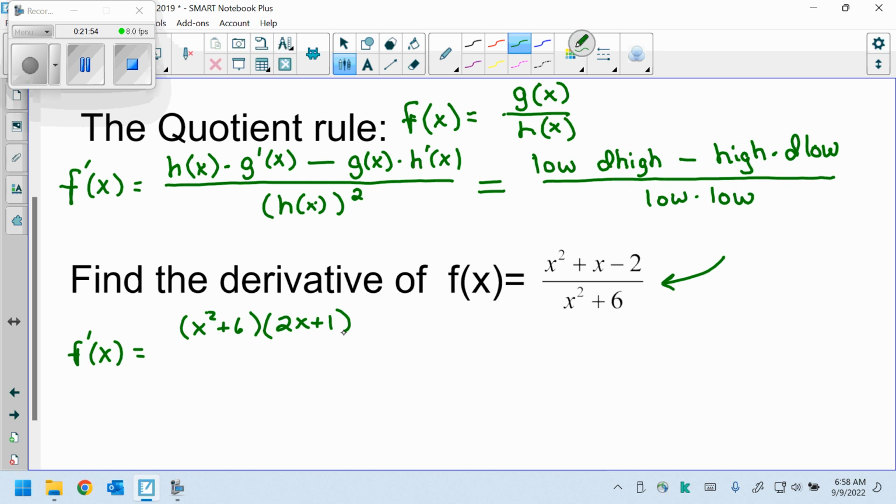Is that good? Derivative of that, derivative of that, derivative of that is nothing. So I did low d high minus the thing that's on top, d low, the derivative of what's down on the bottom, over low low.